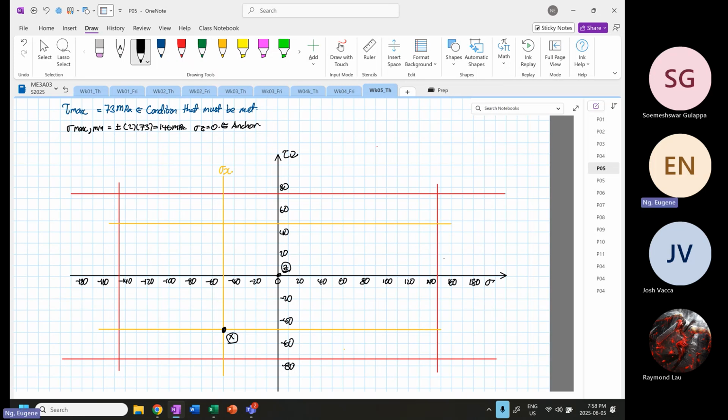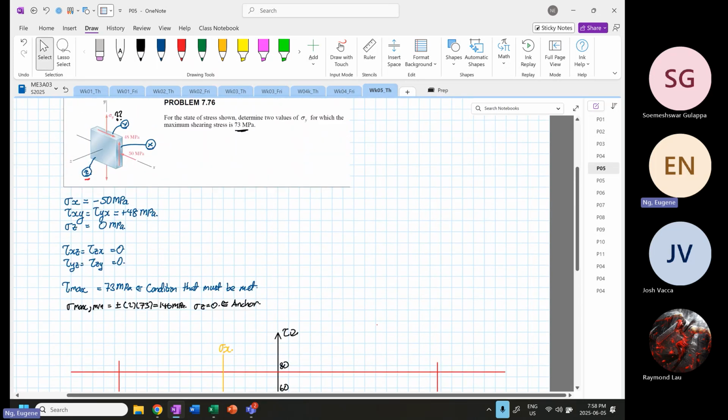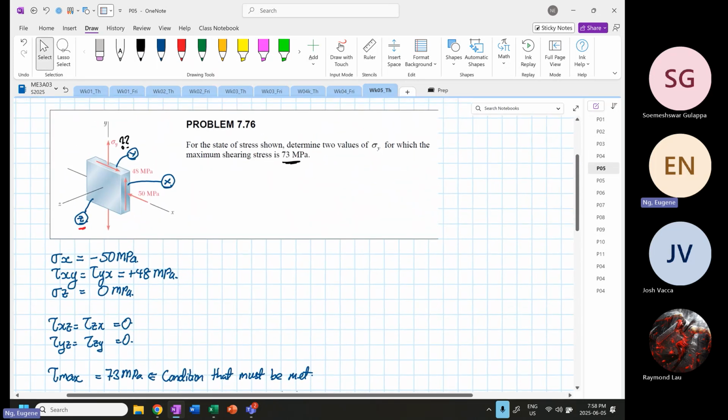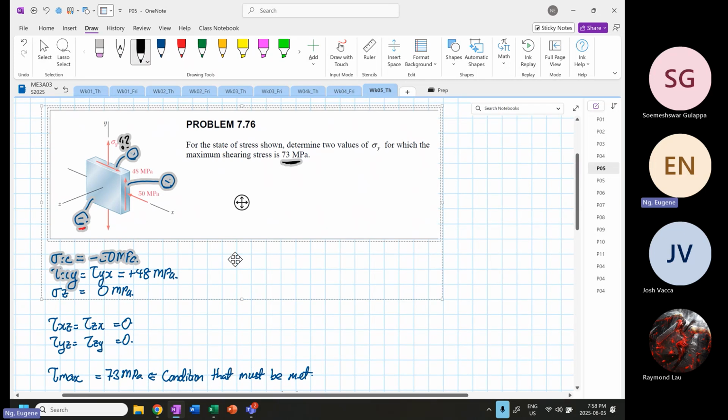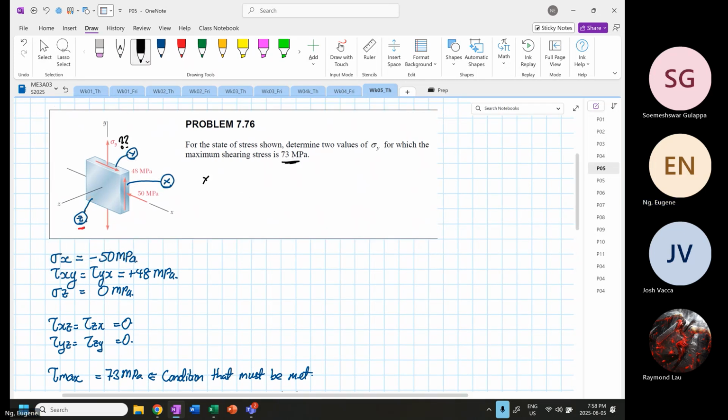Okay. So now we are going to have our first condition. While looking over here, we know that our XY plane is our in plane, and we know our YZ plane and our XZ plane are out of plane.